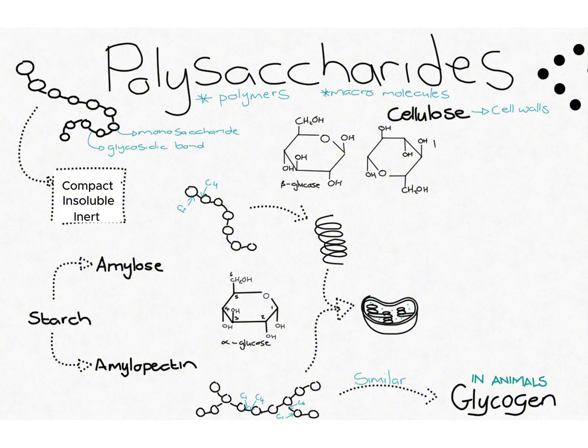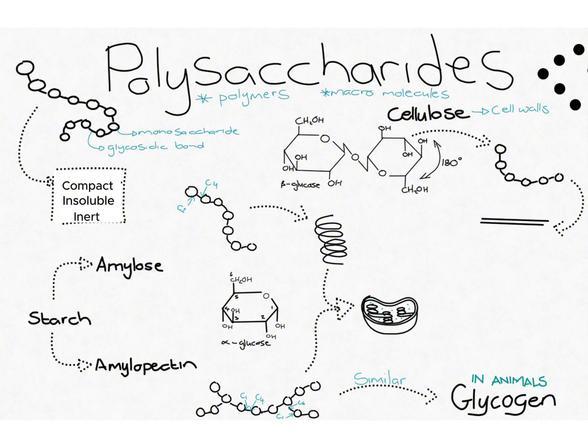Because the hydroxyl group on the beta glucose differs from that of alpha glucose, it causes every second beta glucose molecule to rotate 180 degrees to be able to form 1,4 glycosidic bonds. This forms a long chain cellulose molecule.